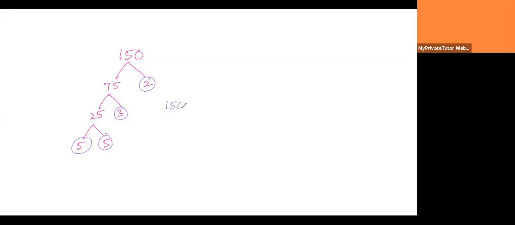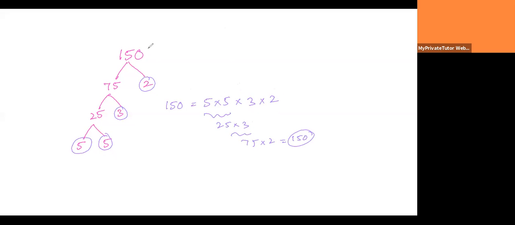So which is nothing but what? 5 times 5 times 3 times 2. You can check. We'll get 150 here. 25 here, 75 here, and then 1. I mean, this is 25, 3 times 25 is 75, times 2 is 150. So what do you understand, or what is the basic thing to remember in this?